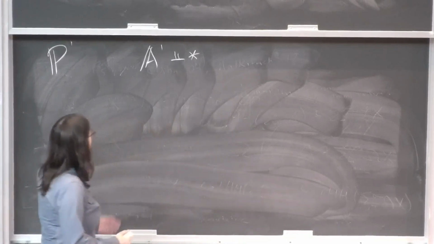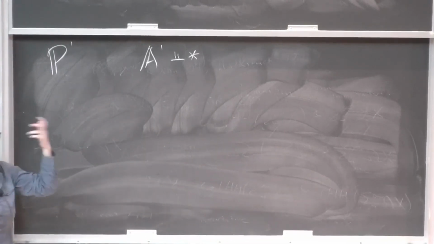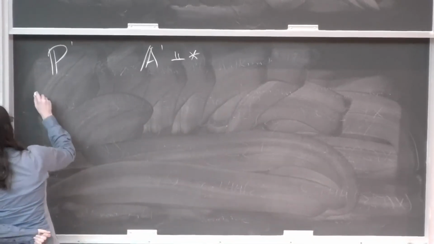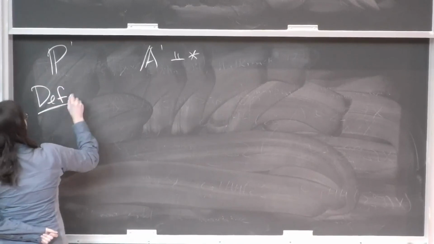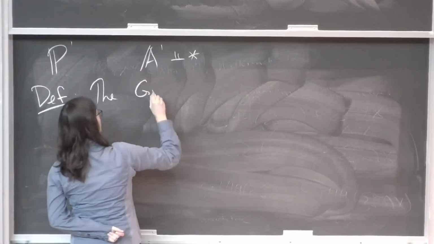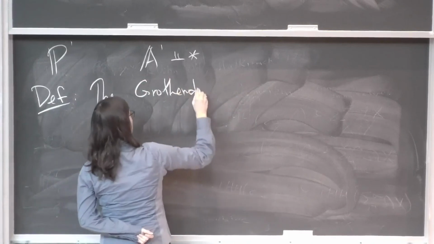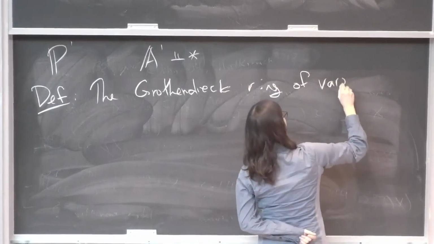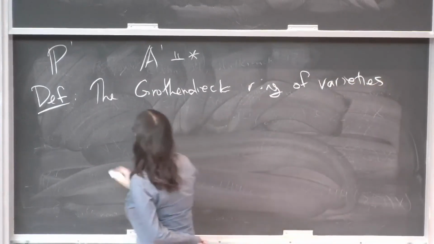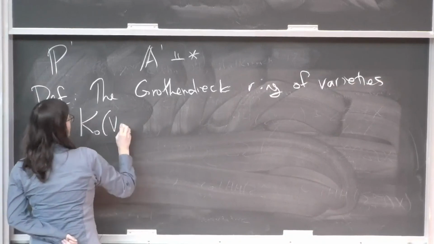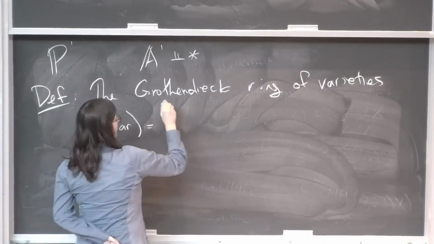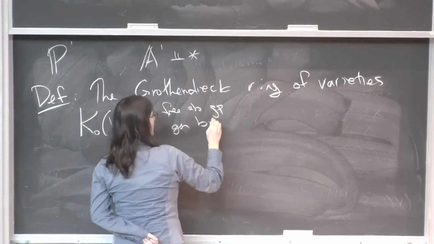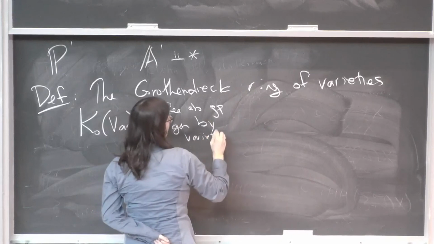So to analyze these problems, we introduce an algebraic object that will encode some of this information: the Grothendieck ring of varieties, K0 of varieties, which is the free abelian group generated by varieties. And there's a base field floating around.